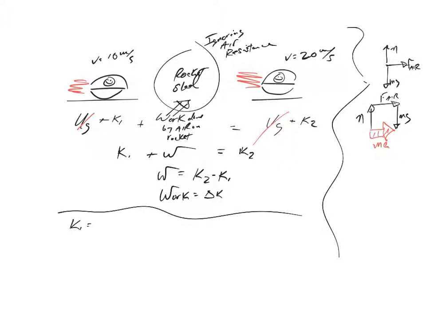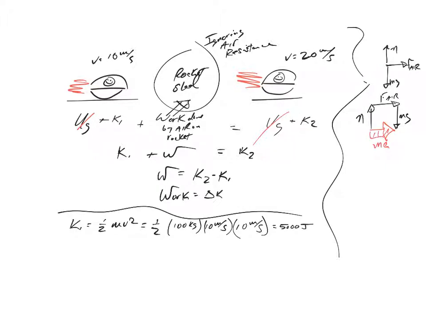K1 is 1/2 mv squared, which is 1/2. What's the mass? 100 kilograms. Speed is 10 meters per second squared, times 10 meters per second. What do you get? 50 times 100, that's 5,000. 5,000 what?